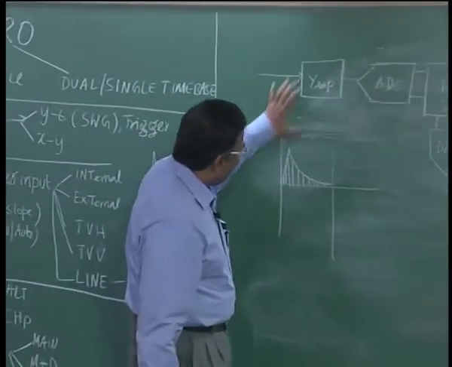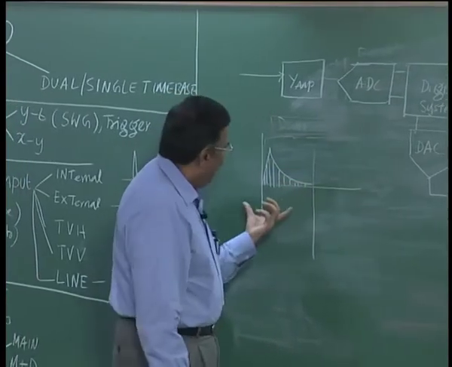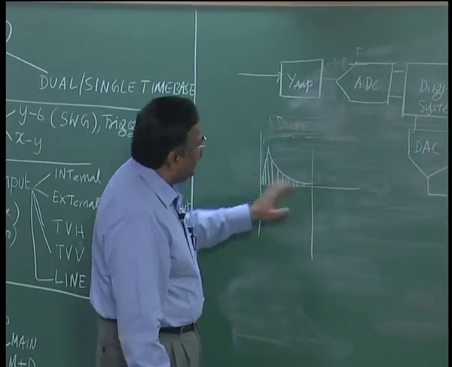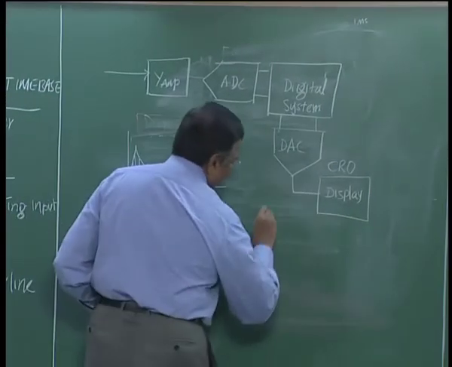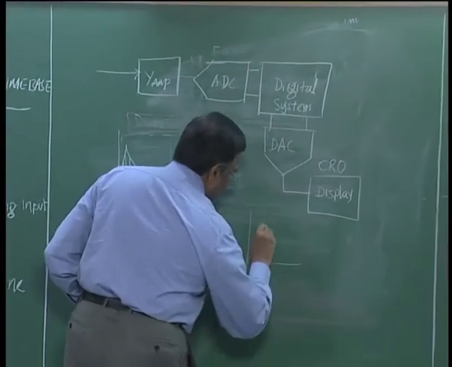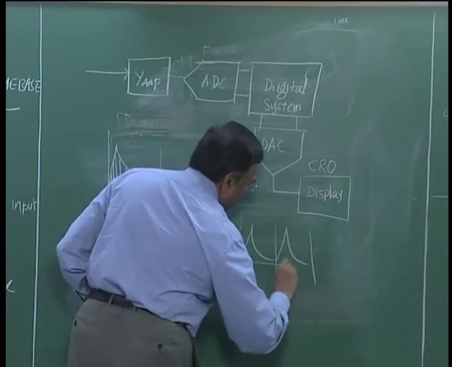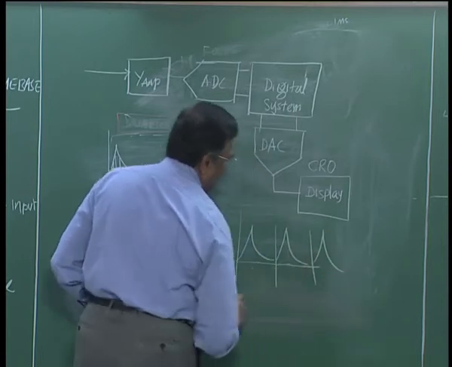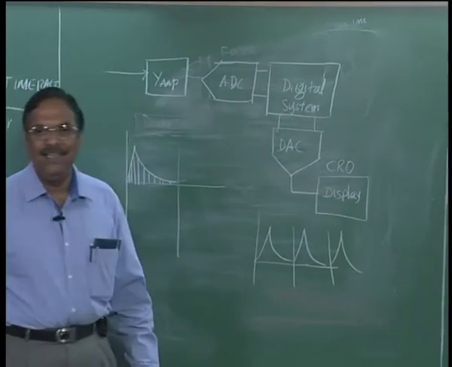So we take samples, store them in the digital system, and then I can repeatedly send the samples to the DAC. So at the DAC, I can put one signal, again repeat that signal, repeat that signal, right, and once I get the repeated signal I can display it on the CRO.